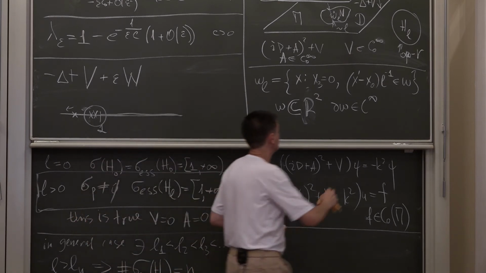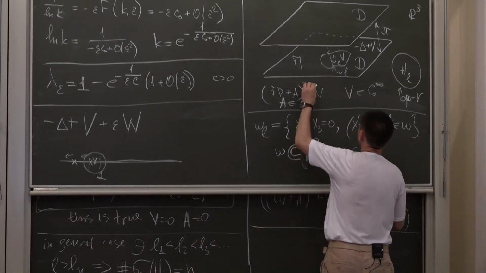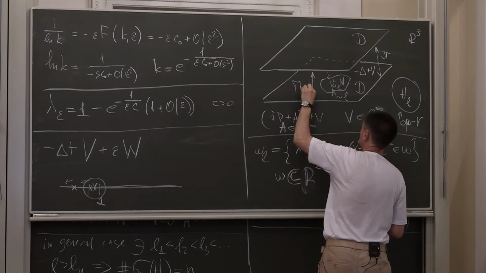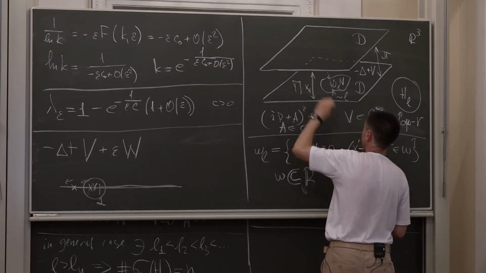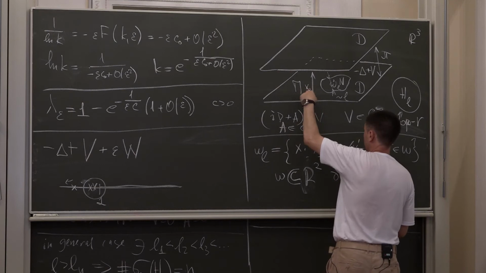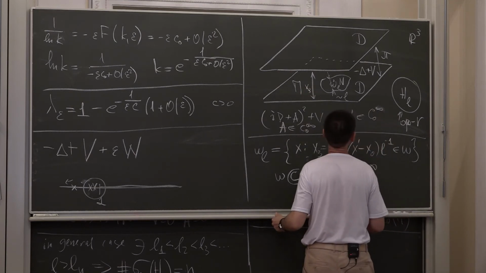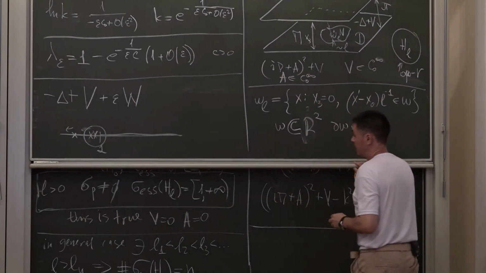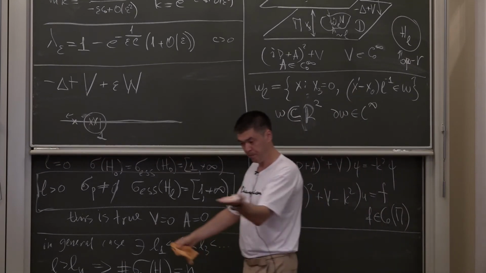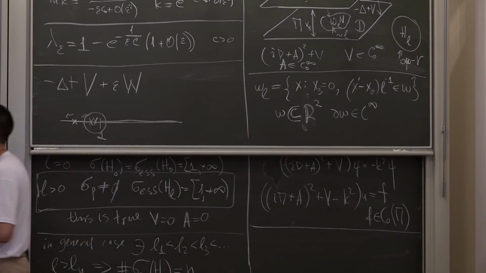So we can write an expansion with respect to sines, which are written in terms of x3. And then on the planes, we shall actually have equations of such form.